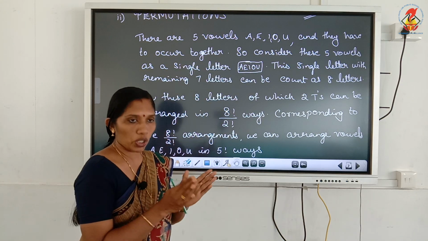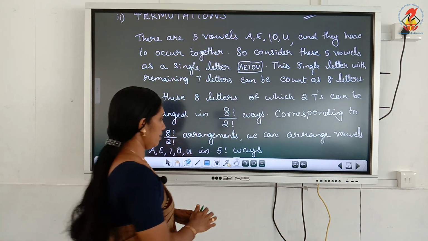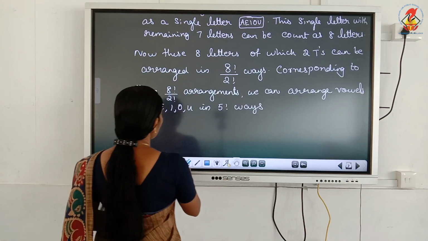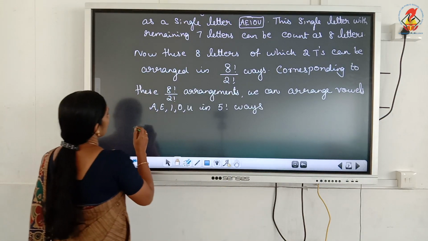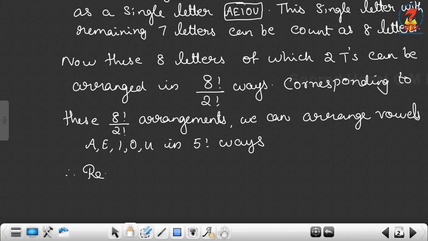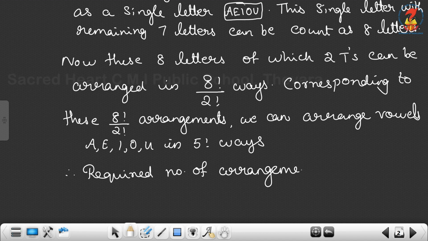Now we need the total, so we have to multiply. Therefore, the required number of arrangements is equal to 8 factorial by 2 factorial into 5 factorial.